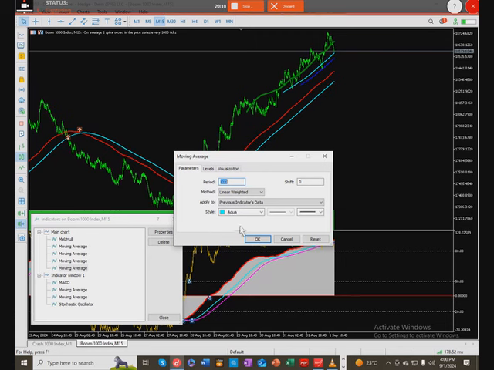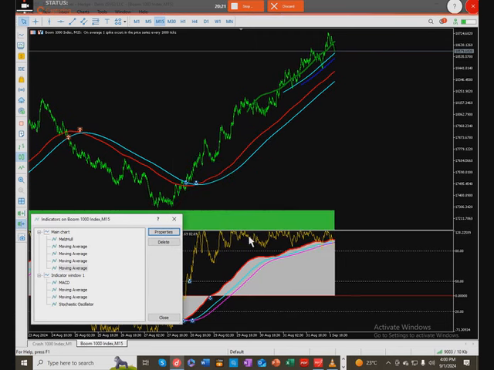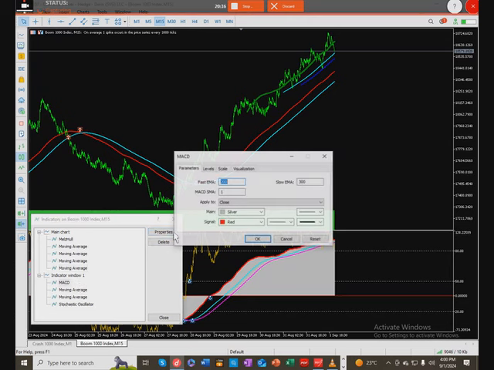That's it. And we come now to the MACD. When it comes to the MACD, the fast EMA is 200, the slow EMA is 300, the MACD simple moving average is 1.